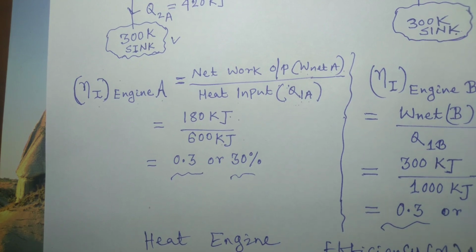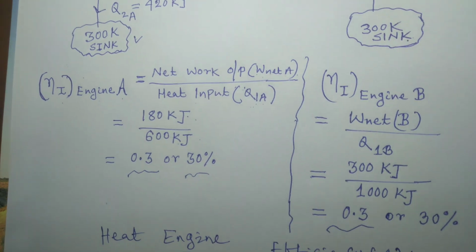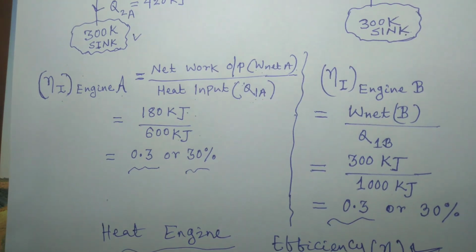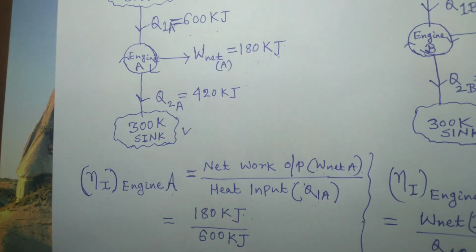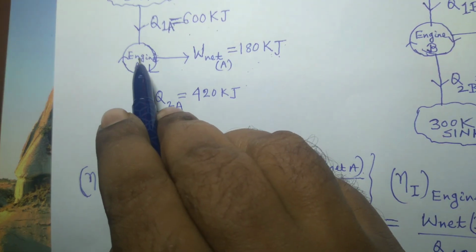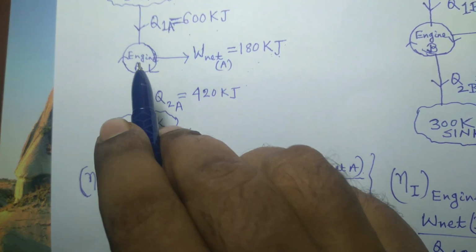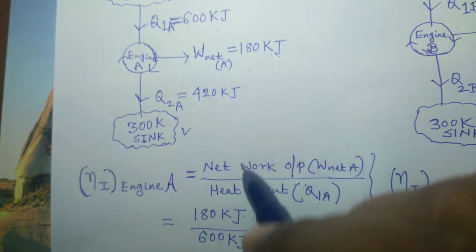So if one goes by only first law efficiencies, he would conclude that both the engines are performing equally well, but that is not reflective of the true scenario, because the maximum efficiency that an engine can have has not been taken into account here.